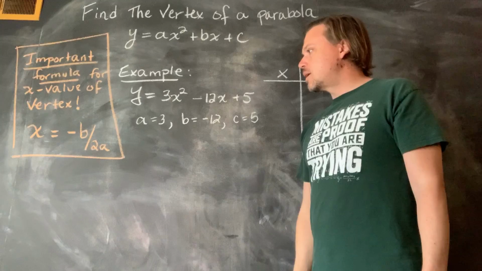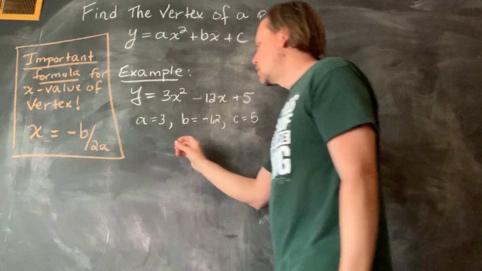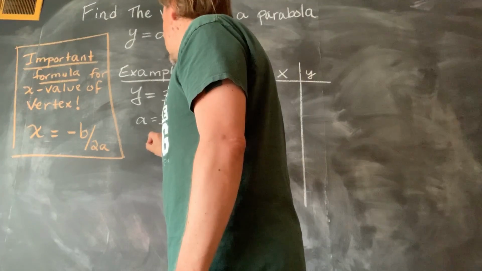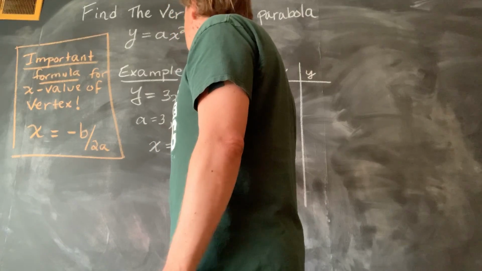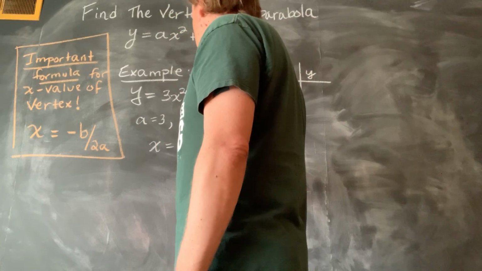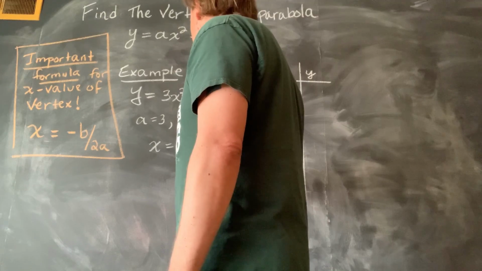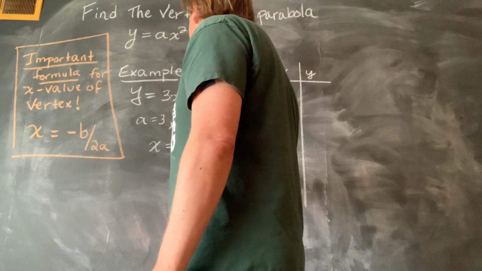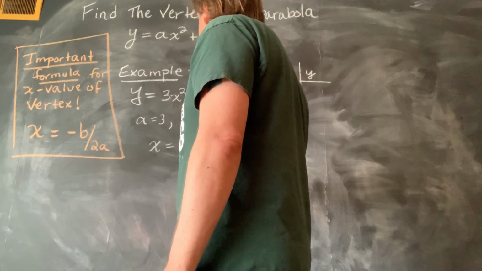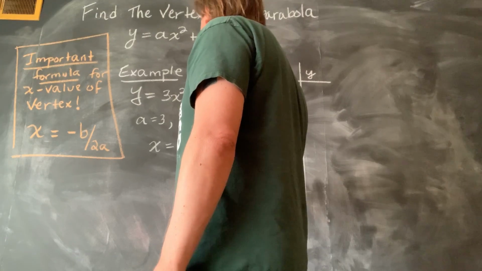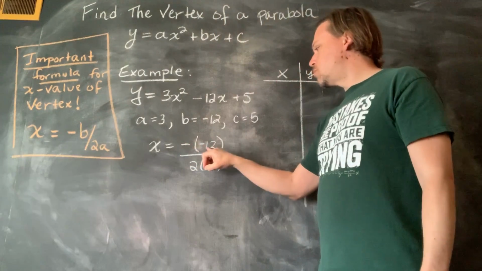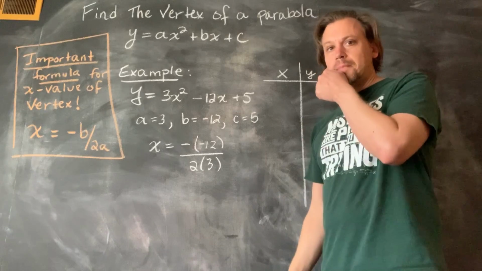And so I'm going to write negative b over 2a. The x value of the vertex is negative b, which is negative 12, over 2 times a, which is 3. Negative b over 2 times a.